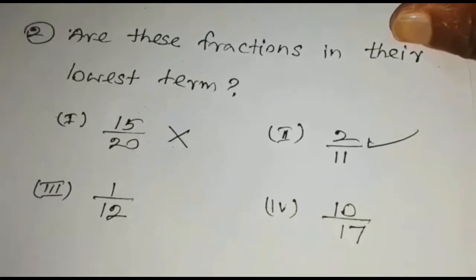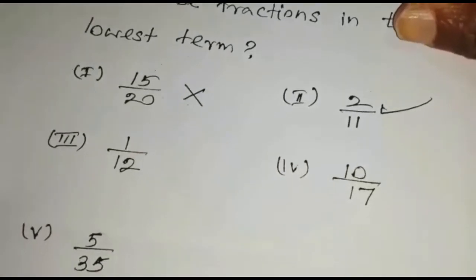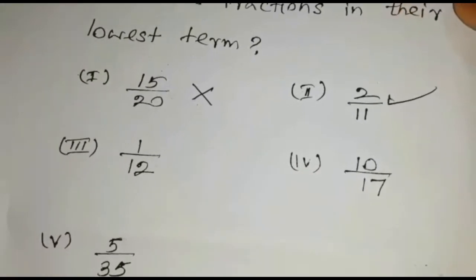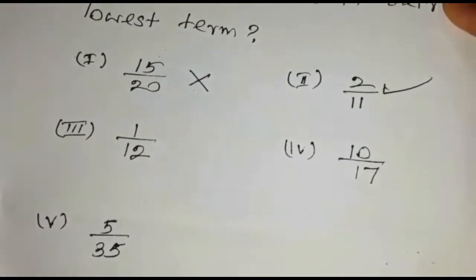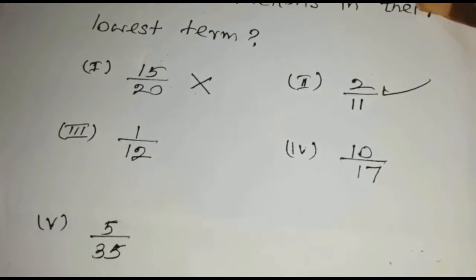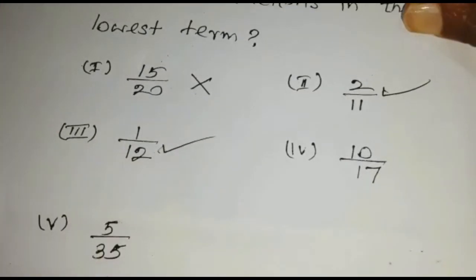Third one, 1 over 12 is not divisible by any number, so 1 over 12 is also a lowest term.